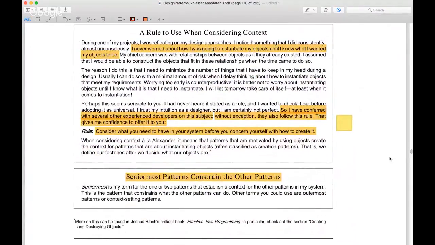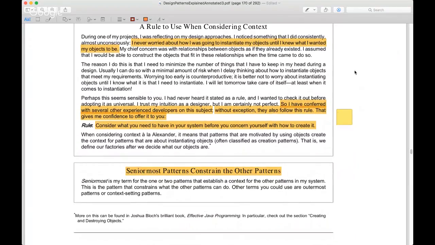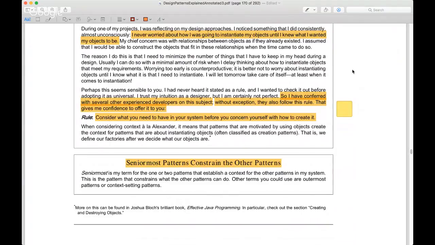So a rule to use when considering context, sometimes you'll notice that your experience tells you that I'm not going to instantiate my objects until I know what my objects need to be, which is going to be a result of flow and relationships.